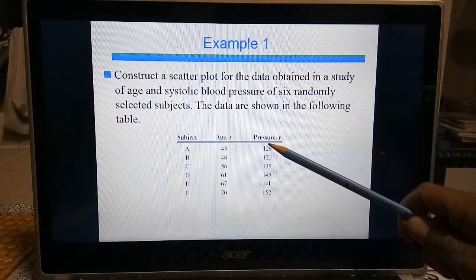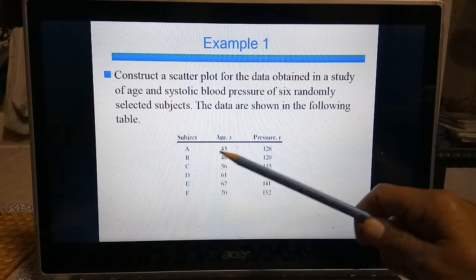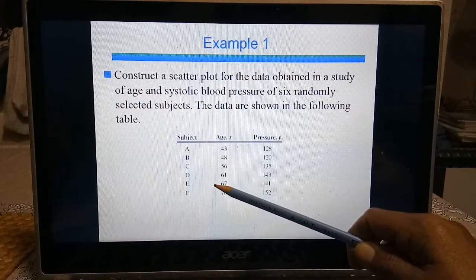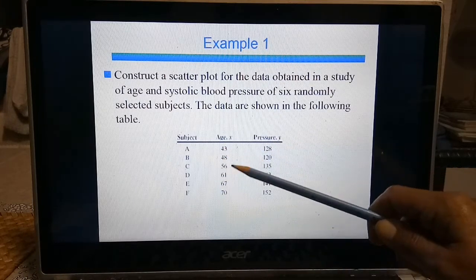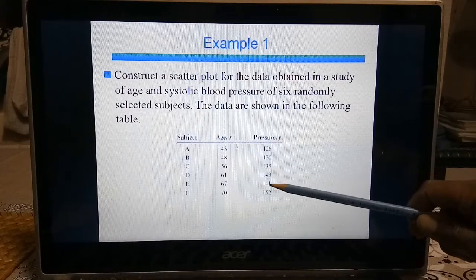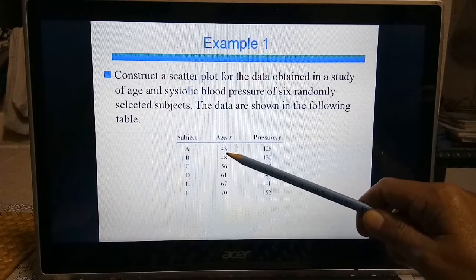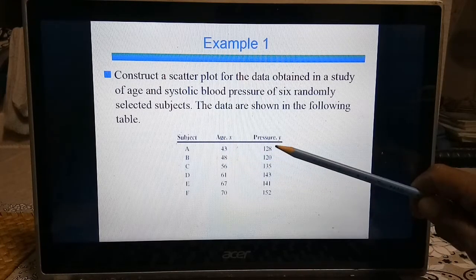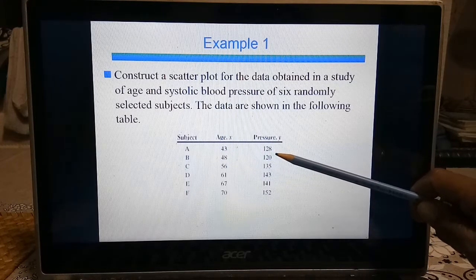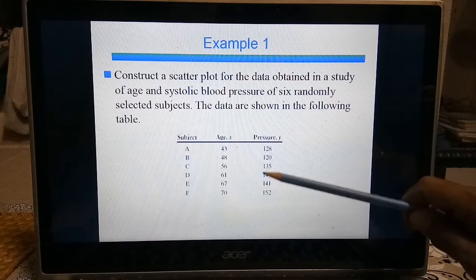So the dependent variable Y, systolic blood pressure, depends on age. Bila makin age bertambah, blood pressure pun makin bertambah. So umur ni adalah independent variable X dan blood pressure Y adalah dependent variable sebab dia bergantung kepada umur.